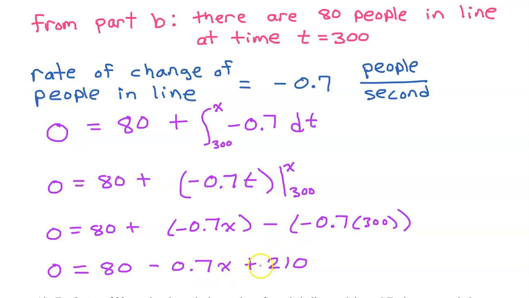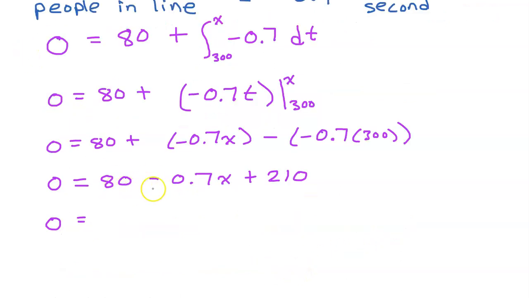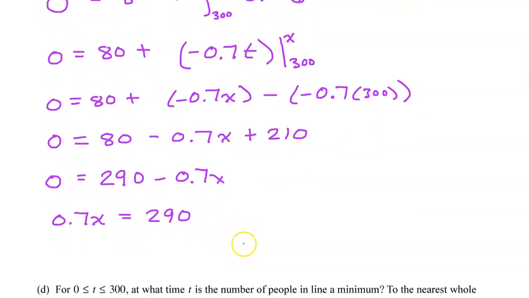Minus a negative is addition. 0.7 times 300 is 210. Adding 80 plus 210, we get 290 minus 0.7x, all equal to 0. Adding 0.7x to both sides, we get 0.7x is equal to 290.